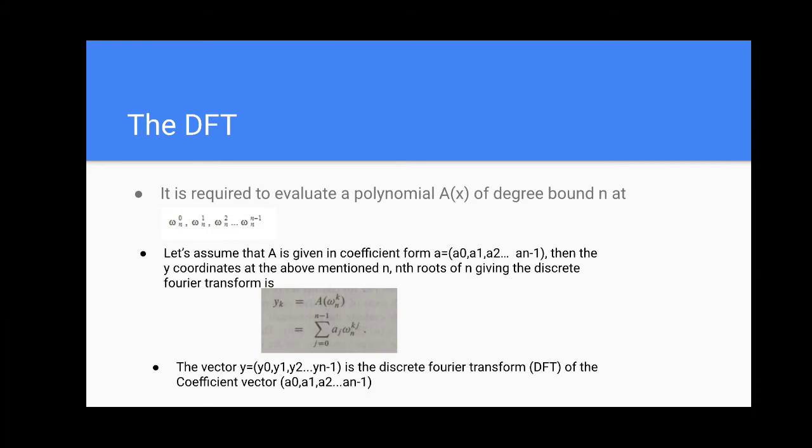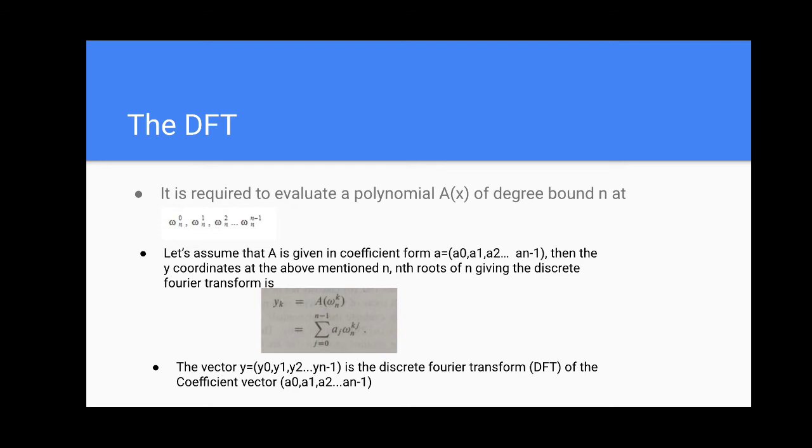Now we'll come to the discrete Fourier transform. It is required to evaluate a polynomial a of x of degree bound n at omega n to the power 0, omega n to the power 1, omega n to the power 2, up to omega n to the power n minus 1, that is, the 0th complex root of unity up to the n minus 1 complex root of unity. Let's assume that a is given in coefficient form, a is equal to a0, a1, and so on up to a n minus 1.